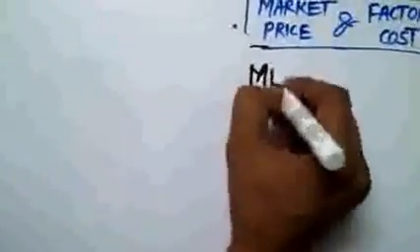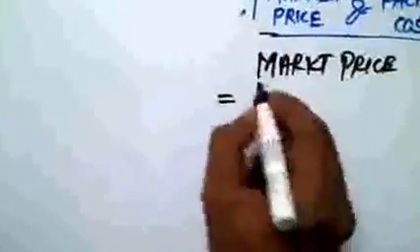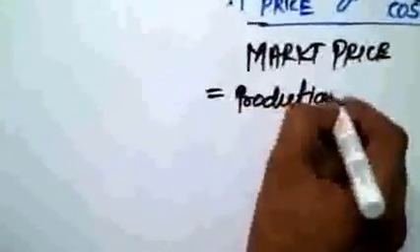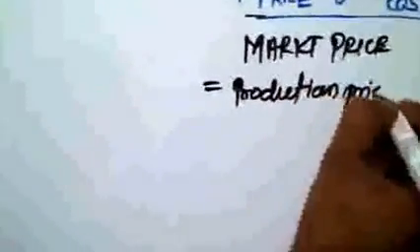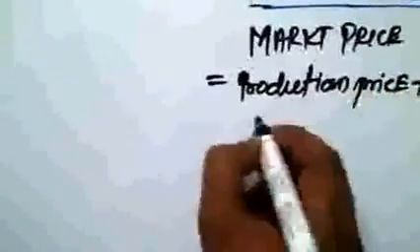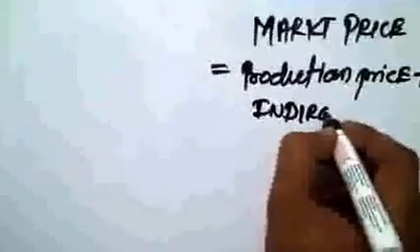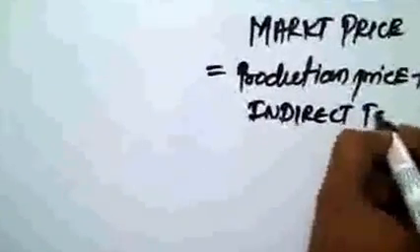Now what is factor cost? So simply, market price is equal to production price plus indirect tax.